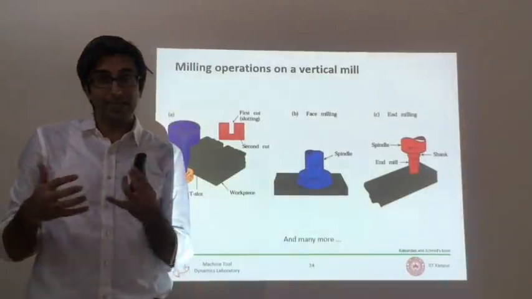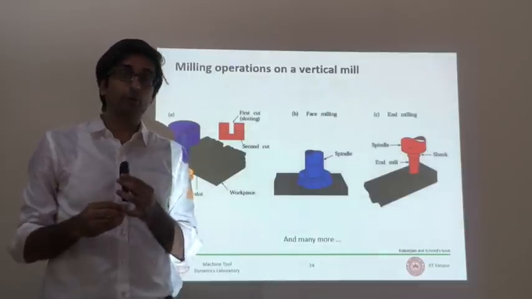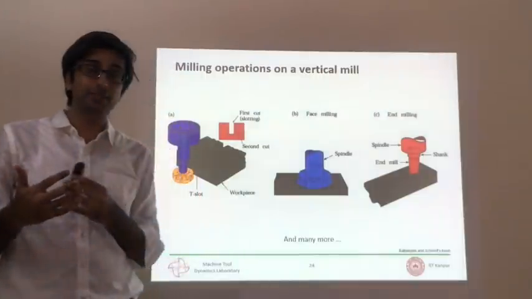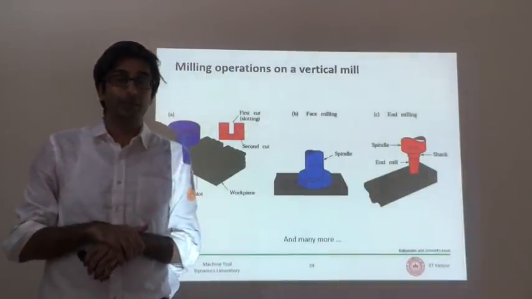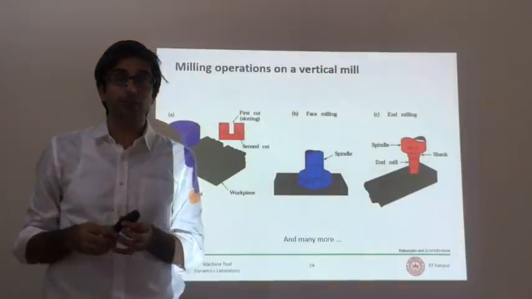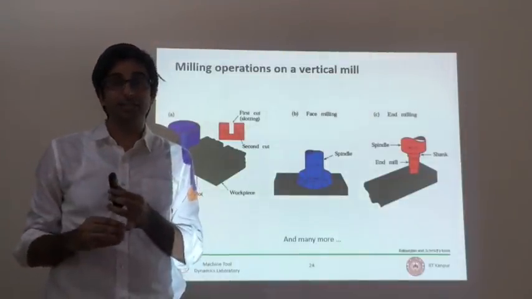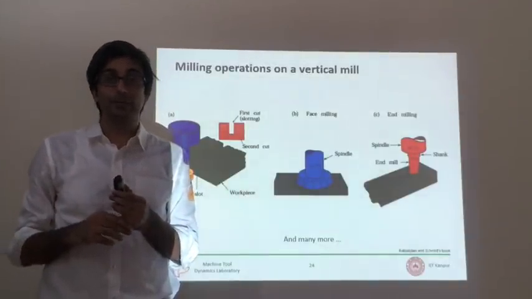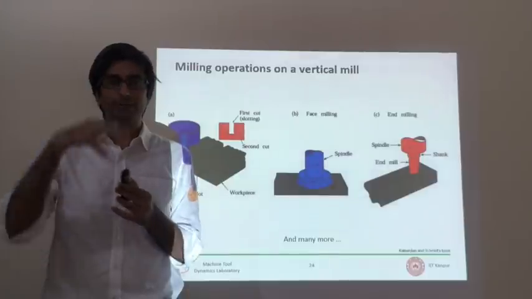So what I tried to do in part 1 of this lecture was to introduce you and to give you an overview of the working principles of manual machines. And we spoke about the lathe machine, the possible operations on those lathe machines: turning, face turning, grooving, threading, face grooving, knurling, and many more.